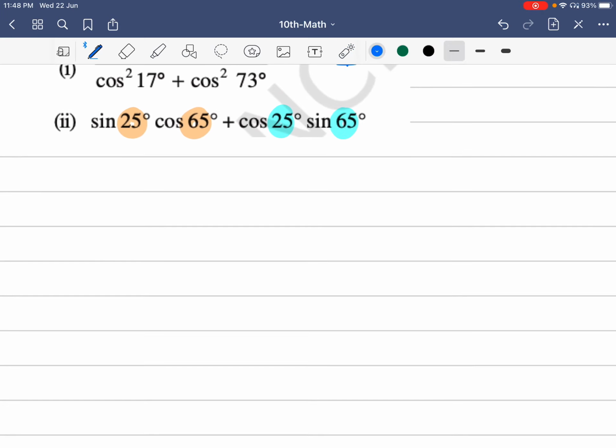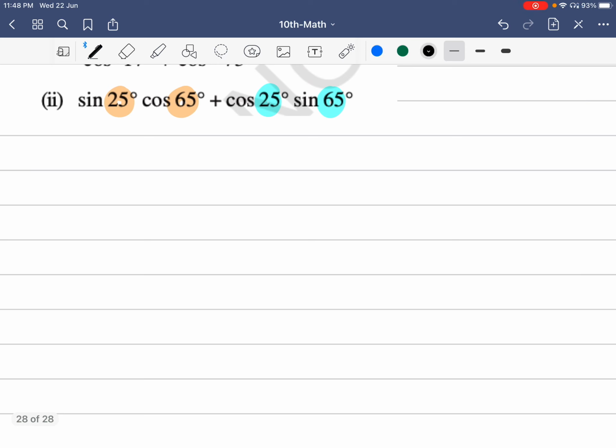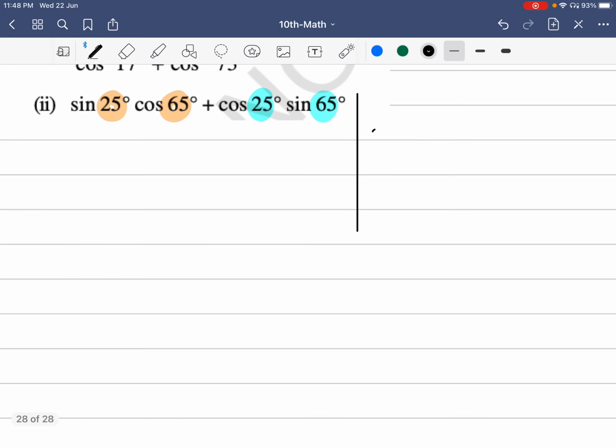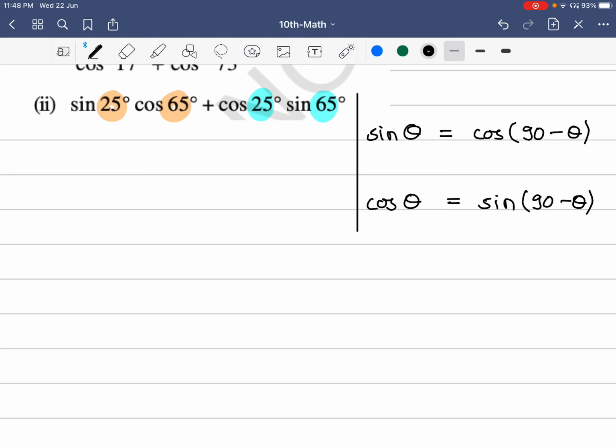Let me note it: sine of theta is equal to cos of 90 minus theta, and cos of theta is equal to sine of 90 minus theta. We are going to use this property for the conversion.